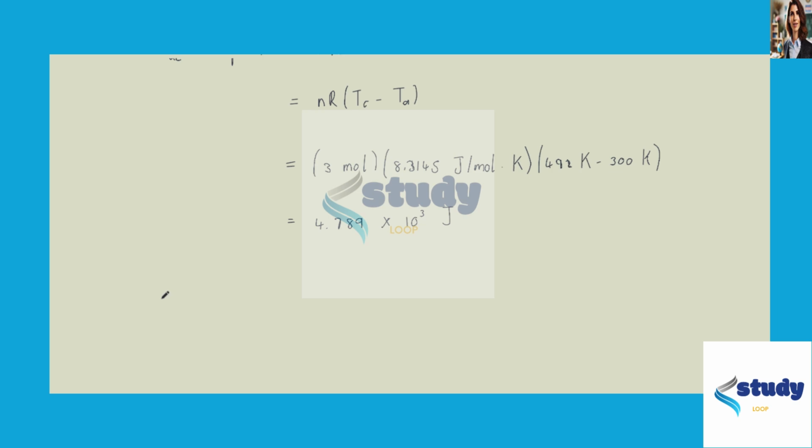Now let's look at process CB. We are told that CB is adiabatic. And so for an adiabatic process, the heat transfer Q is equal to 0.